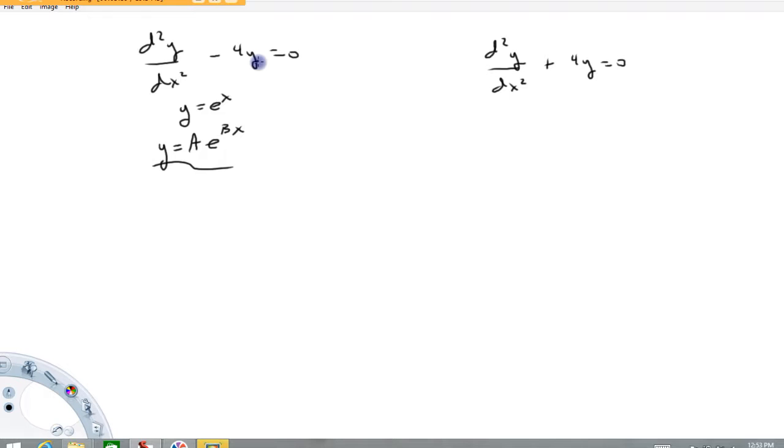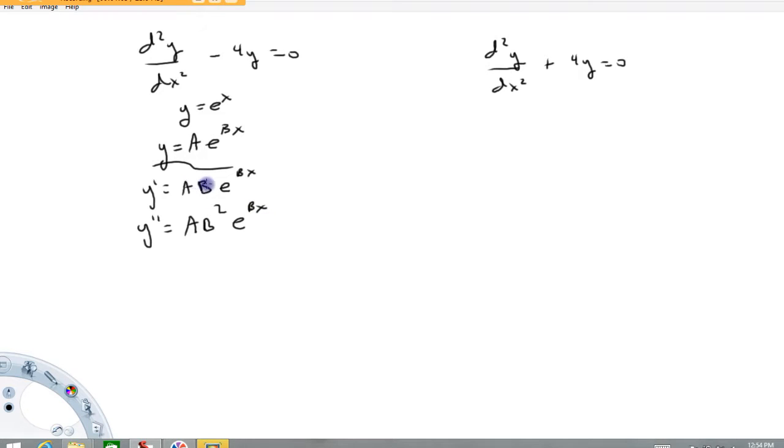Now in order to do that, I need the second derivative. So the first derivative here, when we differentiate an exponential, remember that the derivative of e to the u is e to the u du. So this function's derivative is going to be ab e to the bx. And then if we differentiate it again, we're going to get ab squared e to the bx.